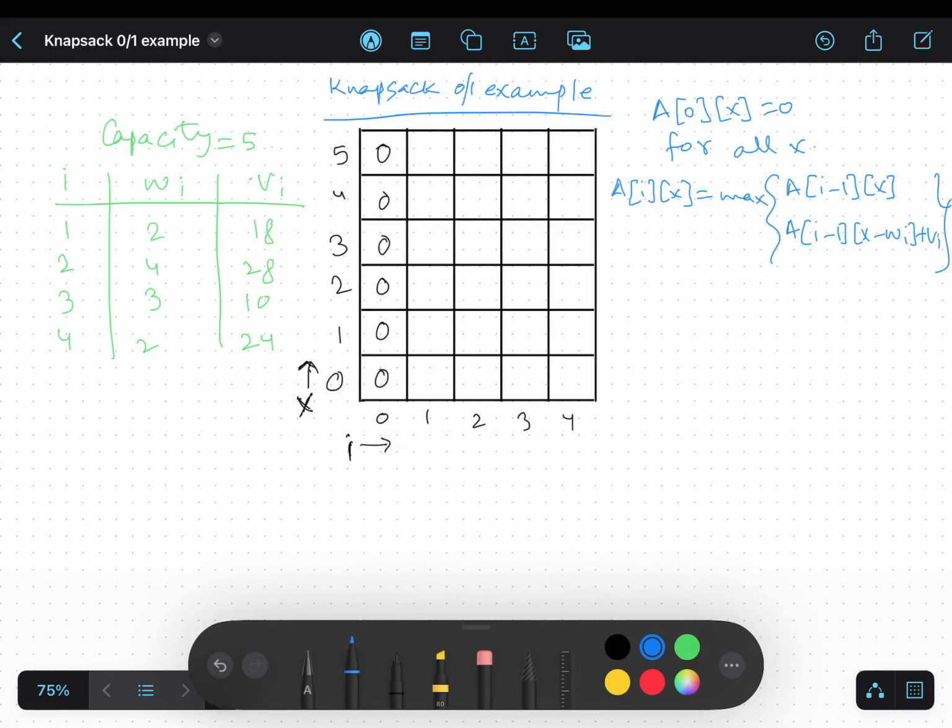And if x minus Wi comes out to be negative, then we are going to take the first term.